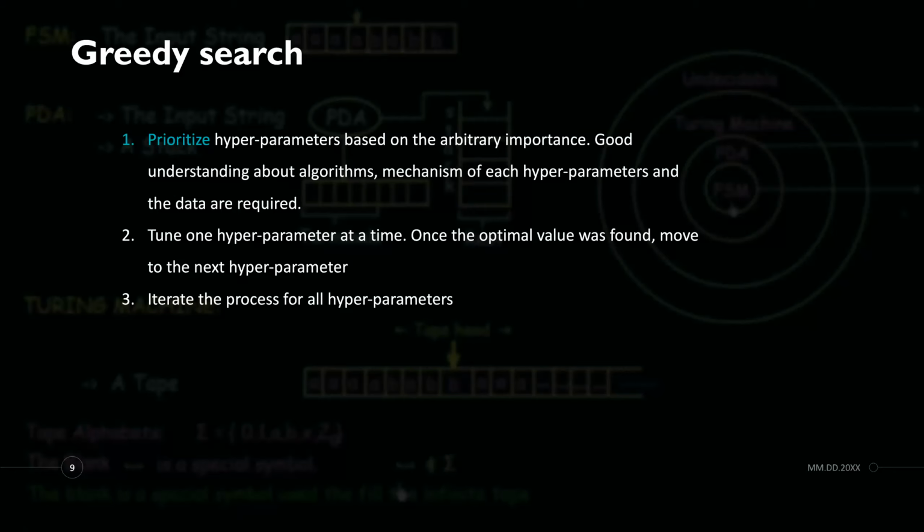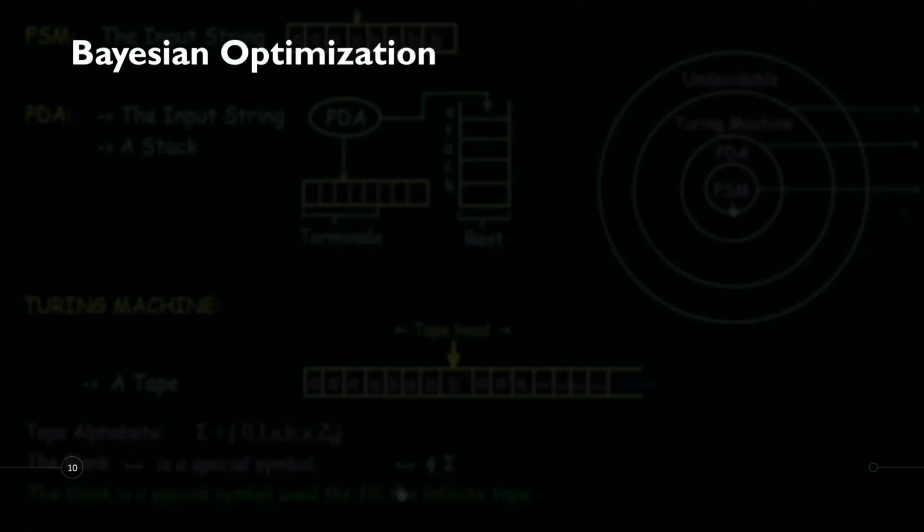So it's not a perfect method, but in my experience it worked better than random search. Either way, this is not the best way. So what is the state of the art algorithm for parameter tuning? This is the so-called Bayesian optimization.